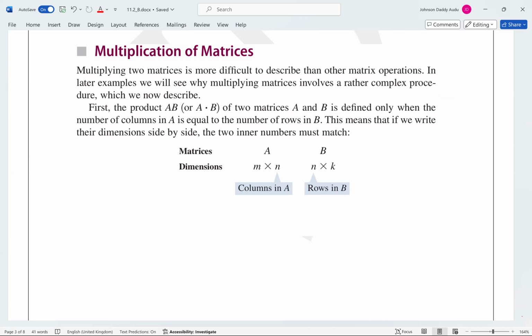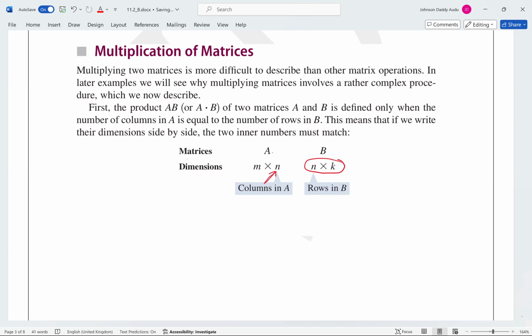In case of multiplication, let's assume you have matrix A, which is m by n, and you have matrix B, which is n by what? N by k, right? So you see that what? The columns in A and the rows in what? In B, they have to be the same. Look at it. Why is the column in A? The column in A is what?